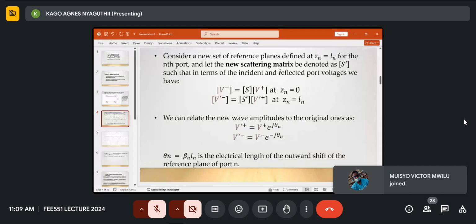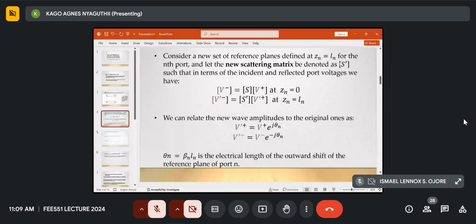And now you have to also define a new scattering matrix, and it will be denoted as S bar. So in terms of the incident and reflected voltages, the reflected voltage is equal to S V positive at the original input port plane. And when you refer now to the new plane, you get this formula here.